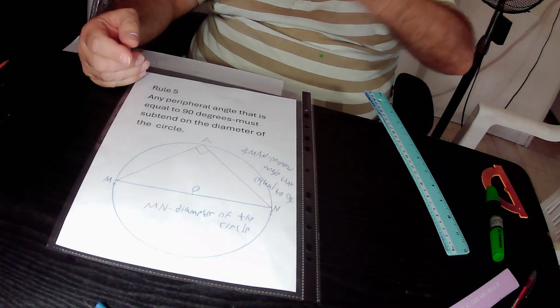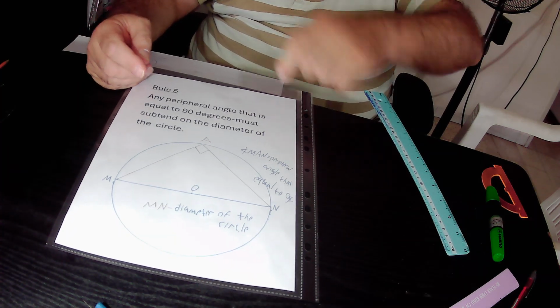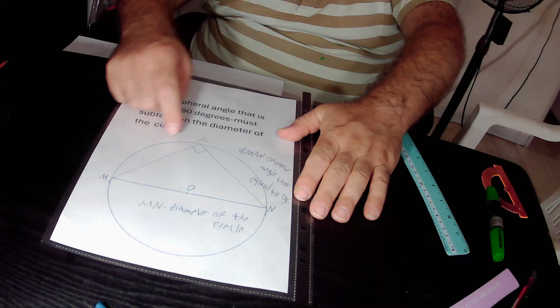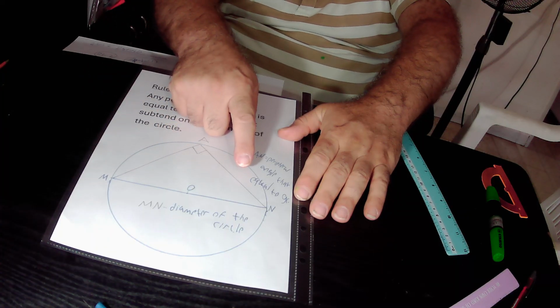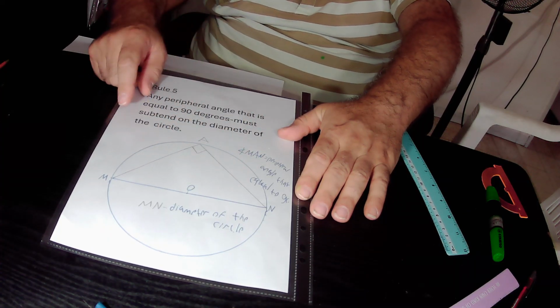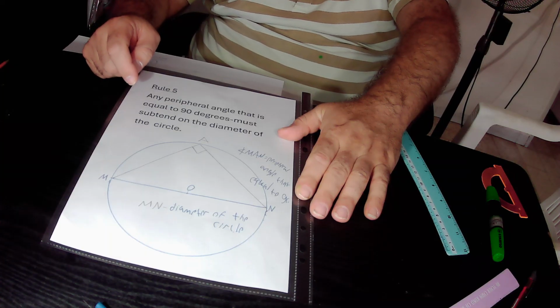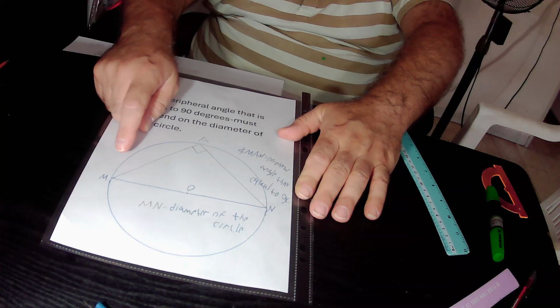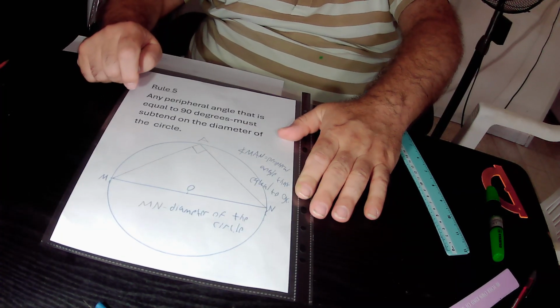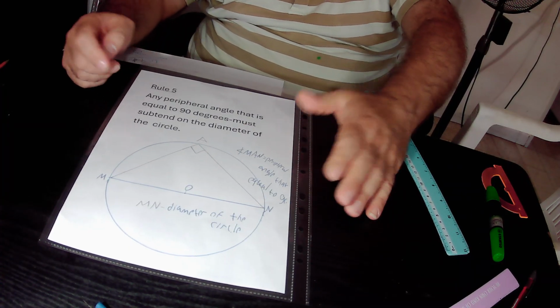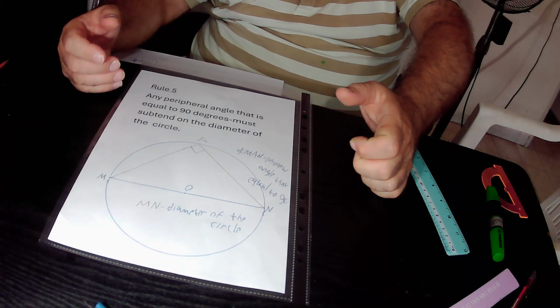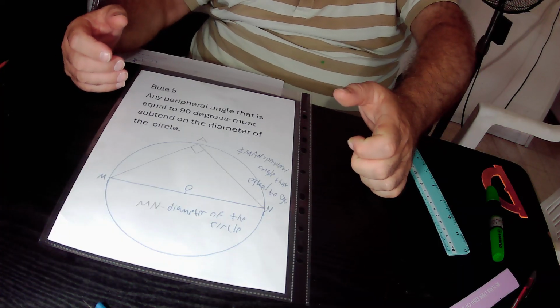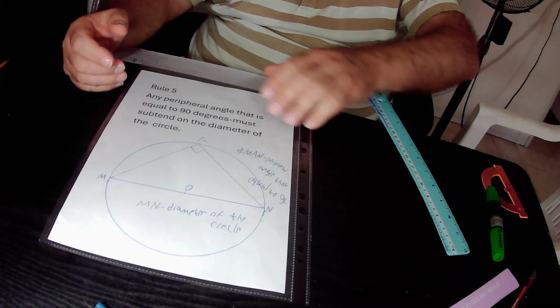And according to this rule 5, because peripheral angle MAN is a right angle, it must subtend the diameter of the circle. Peripheral angle MAN subtends MN, and indeed MN is the diameter of the circle. So according to rule 5, any peripheral angle that is equal to 90 degrees in its size must subtend the diameter of the circle.